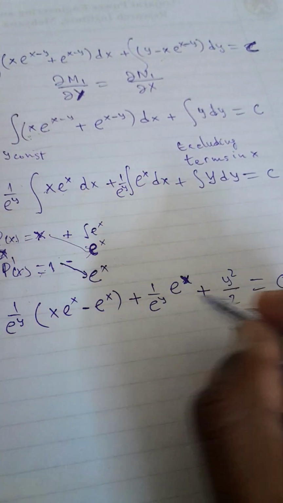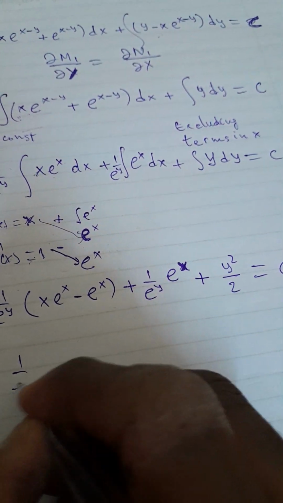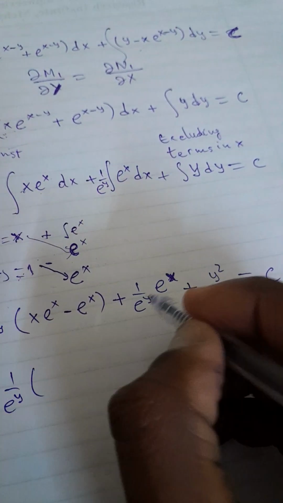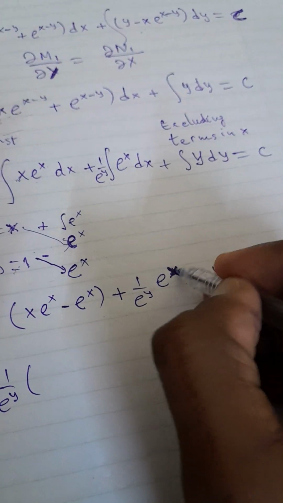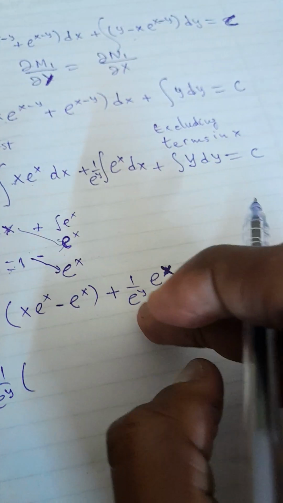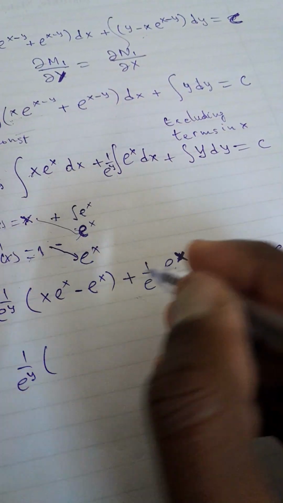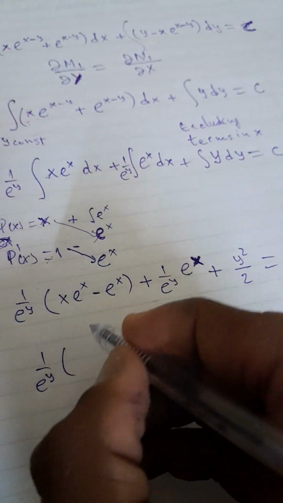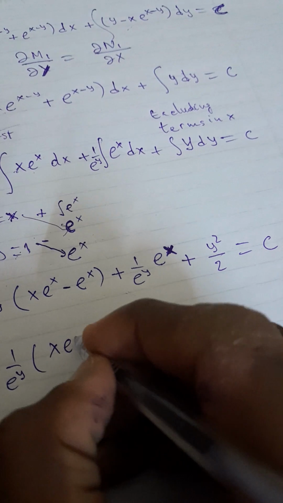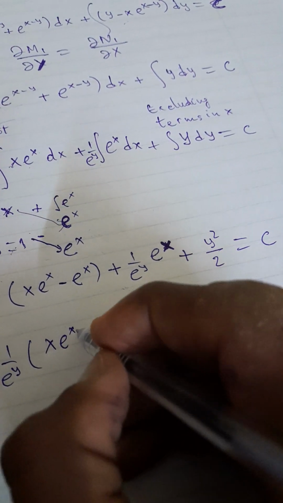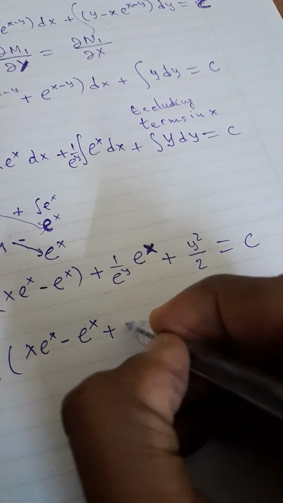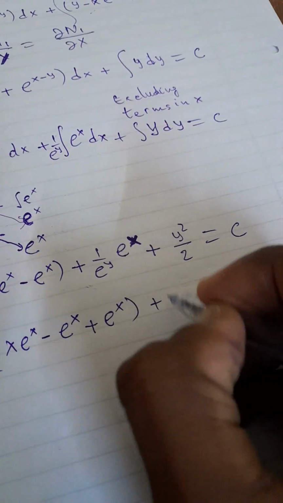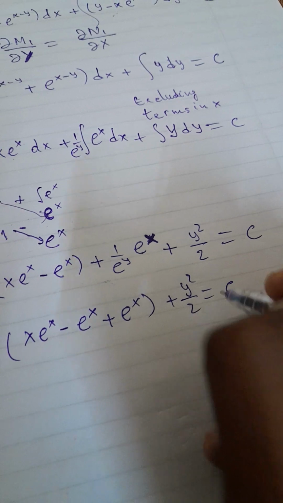Now just sum all of them. This will be 1 upon Euler raised to y, and this factor can come here. If you come here, this will be x Euler raised to x minus Euler raised to x plus Euler raised to x plus y squared upon 2 equal to c.